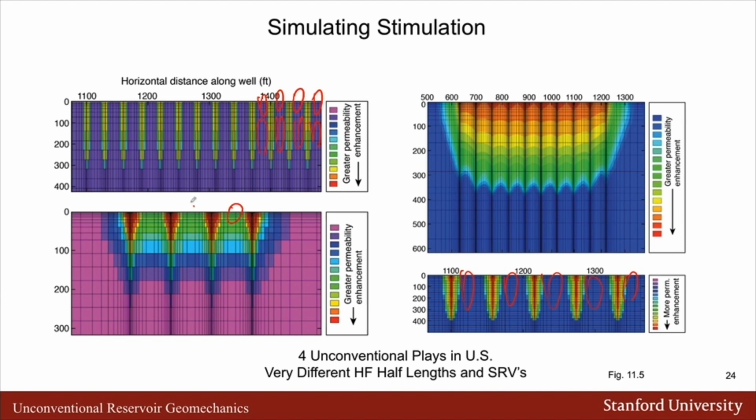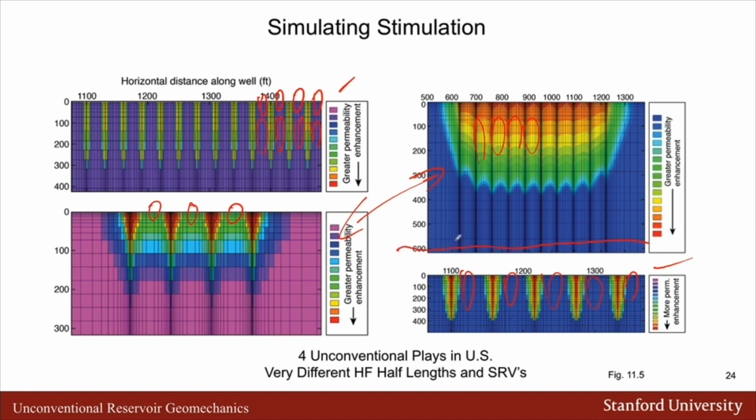There's less stimulation between, but it's much better than this case and this case, and perhaps somewhere between these two cases is what one might consider to be the ideal circumstance, where at least the spacing between the hydraulic fractures is appropriate to get as much of the hydrocarbon as possible. The other issue, of course, is where do you put the next well?